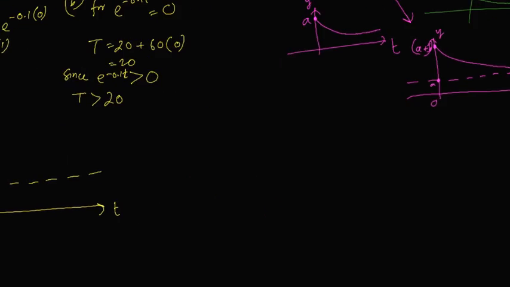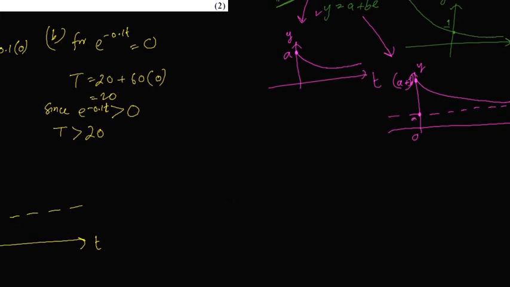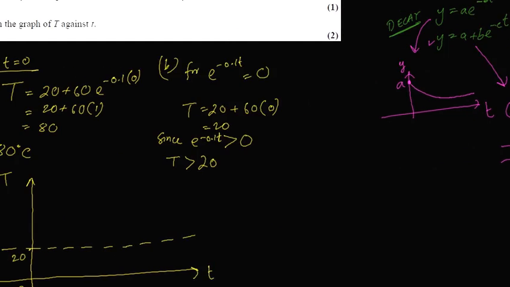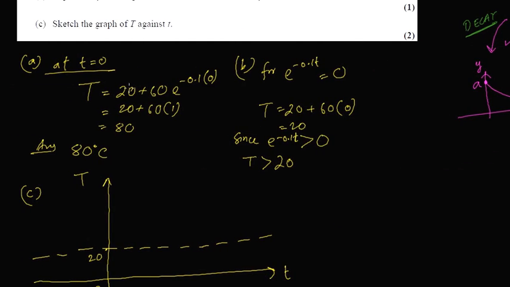So I showed you here, if this 20 was not here, if it was just this constant, it would just be at that constant. But now since we have this 20 added to the 60, it will be 60 plus 20, 80. So this will be 80. We actually found it when t equals 0, it cuts the y-axis here. This is y, this is t. So this will be the sketch.